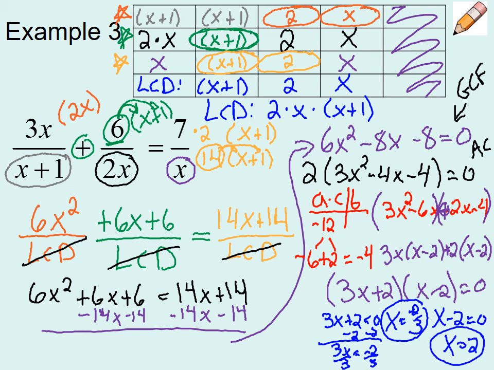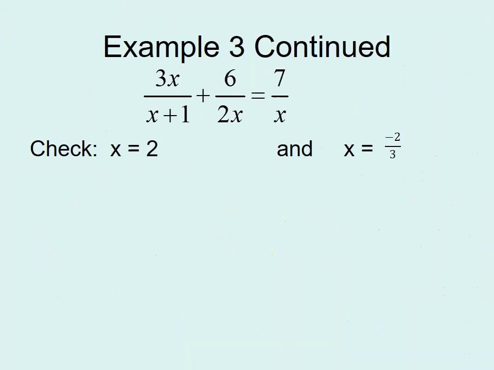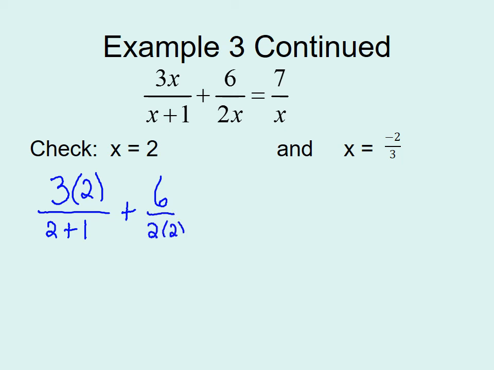Now once we find solutions, you bet it, ladies and gentlemen, we get to check. So this is all the work to find our answer. Now we're going to go ahead and we're going to check our answers. So we're going to start here with 2, plug it in for x everywhere. So I have 3 times 2 over 2 plus 1 plus 6 over 2 times 2 equals 7 over 2.